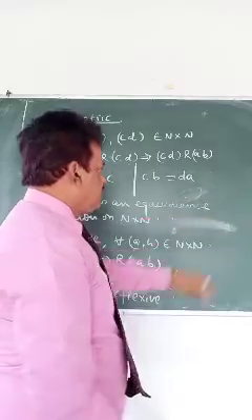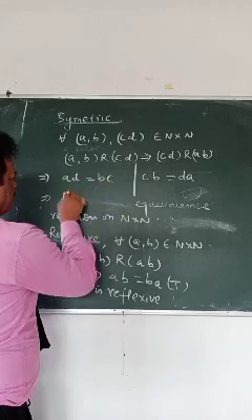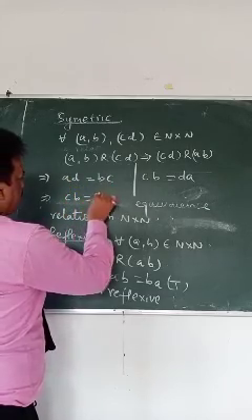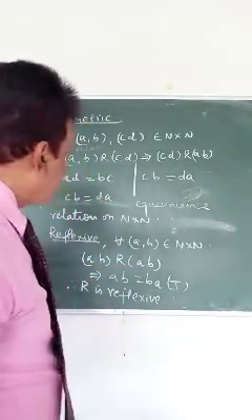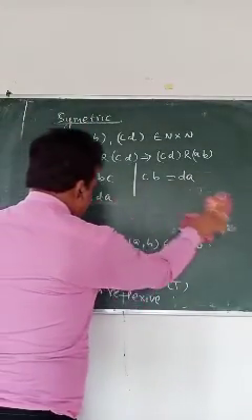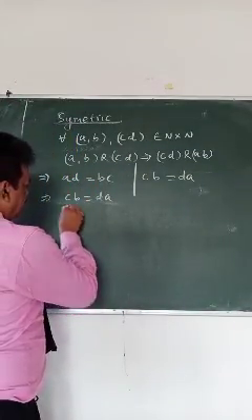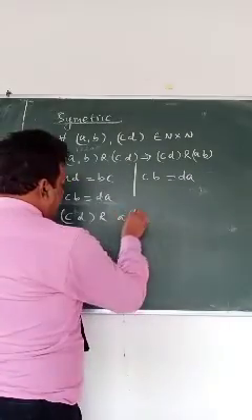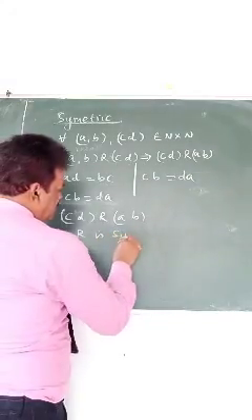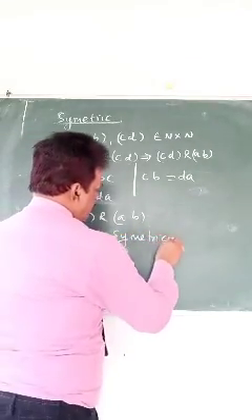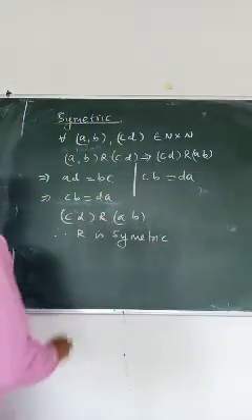Or if you want, you can write one more line, reversing: cb equals da, just changing the place. That means you can write (c,d) relates (a,b). Therefore, R is symmetric. Okay.